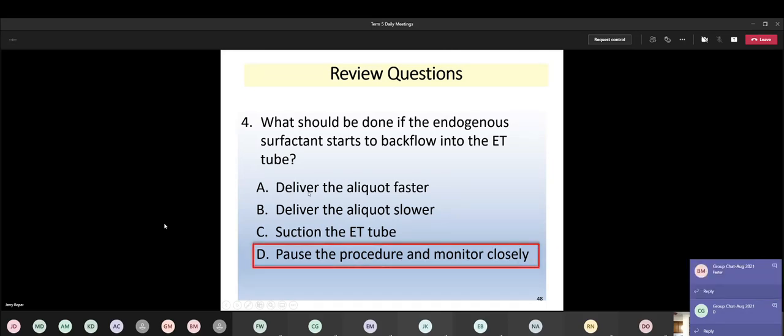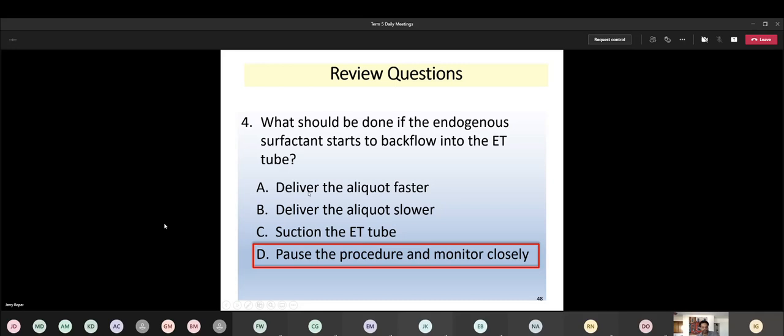So the best thing to do is you need to stop. You need to stop and give the lungs a chance to start absorbing that surfactant, and then try again. If you see it going down the ET tube again, some people will end up taking the manual resuscitator and they'll try to bag it into the lungs. But I'm here to tell you that's not going to usually work either.